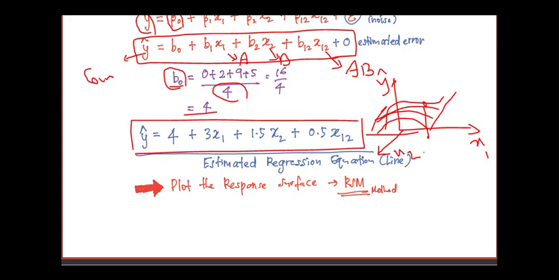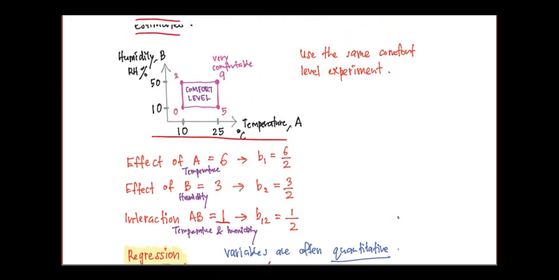On this surface, we can find the comfort level for each temperature and each humidity level, A and B, for example. So here, if you notice, we have only 10 and 25. How about 15?